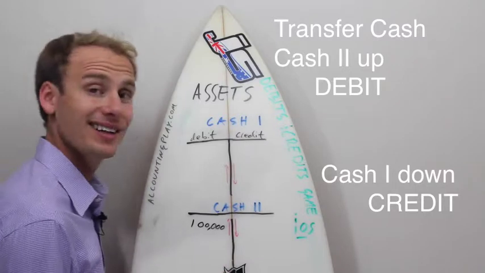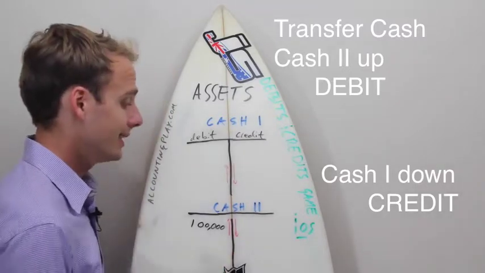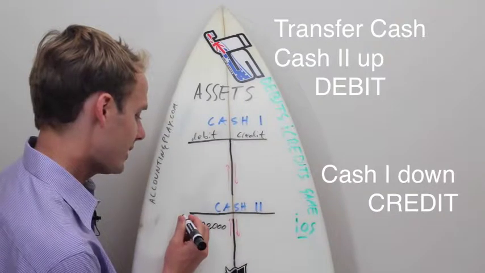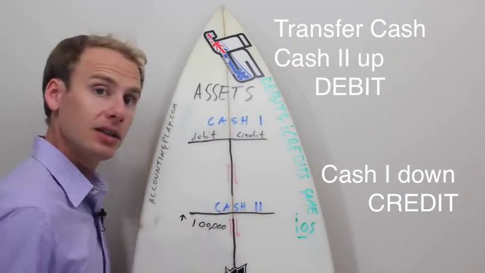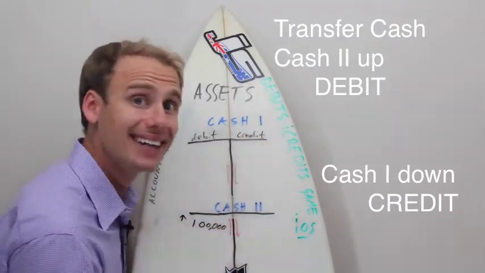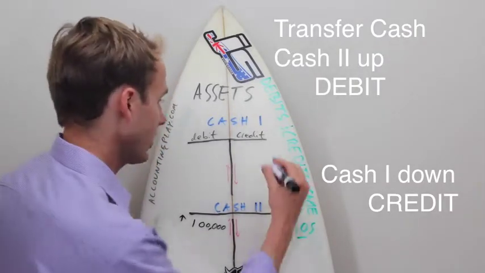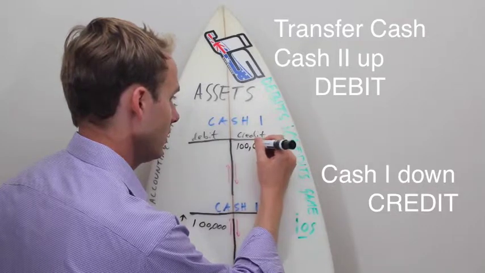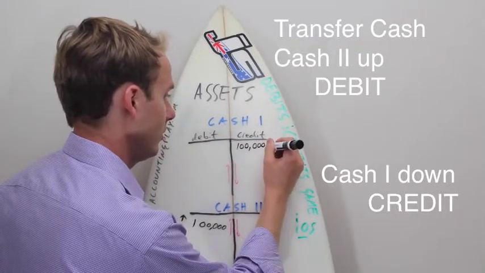Now, we only have one other account, debits equal credits. This here is an increase with a debit. This is a reduction with a credit. Reducing with a credit.